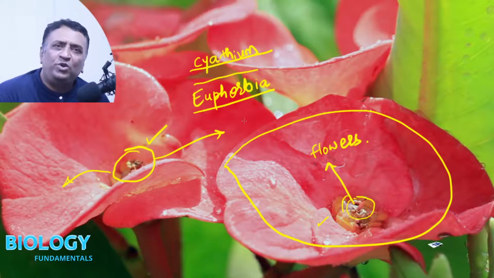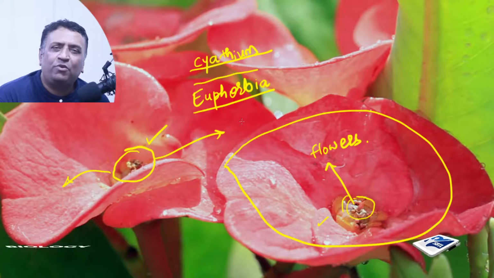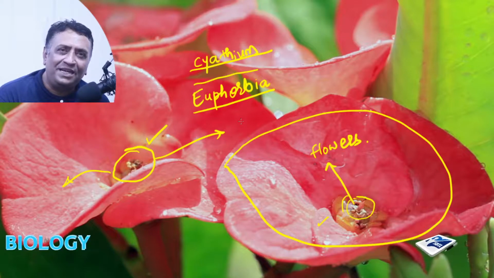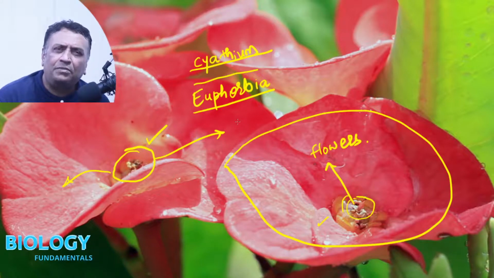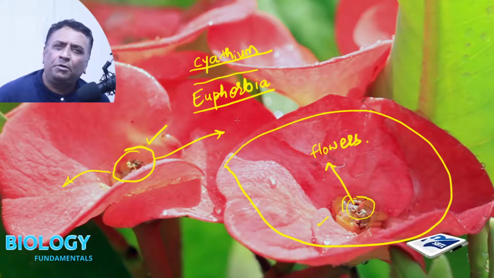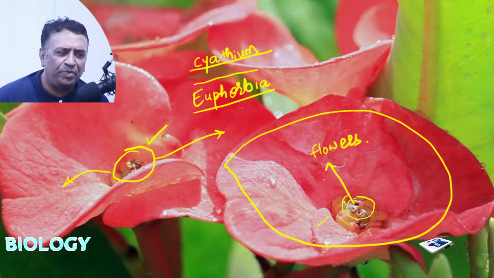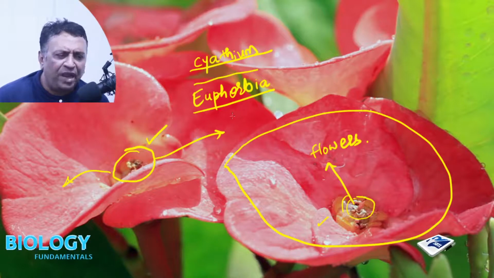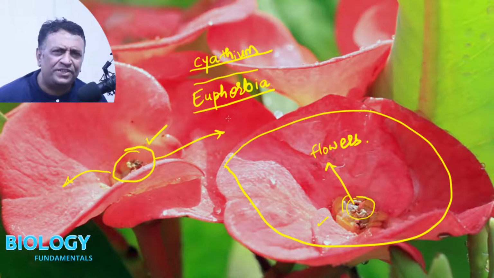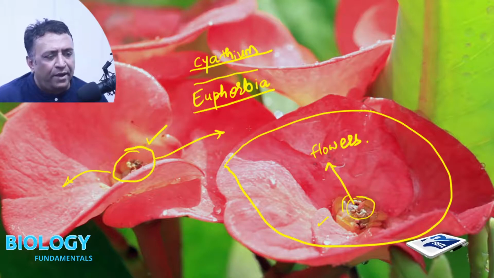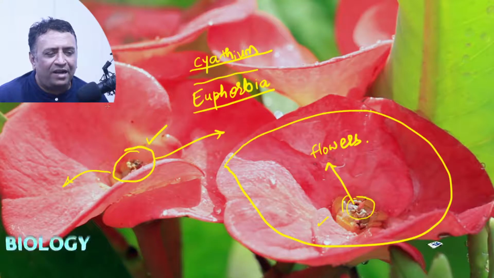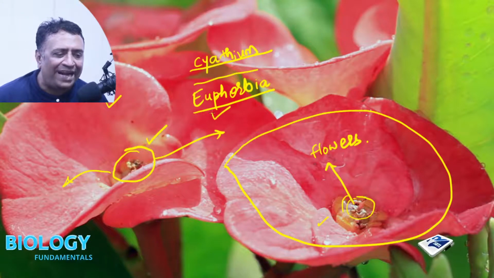Many species of Euphorbia are used for production of biodiesel, also some non-fossil fuel bioenergy resources, and we will go to its details later on. But right now, this is Euphorbia milii, and in that plant, these two are large bracts.